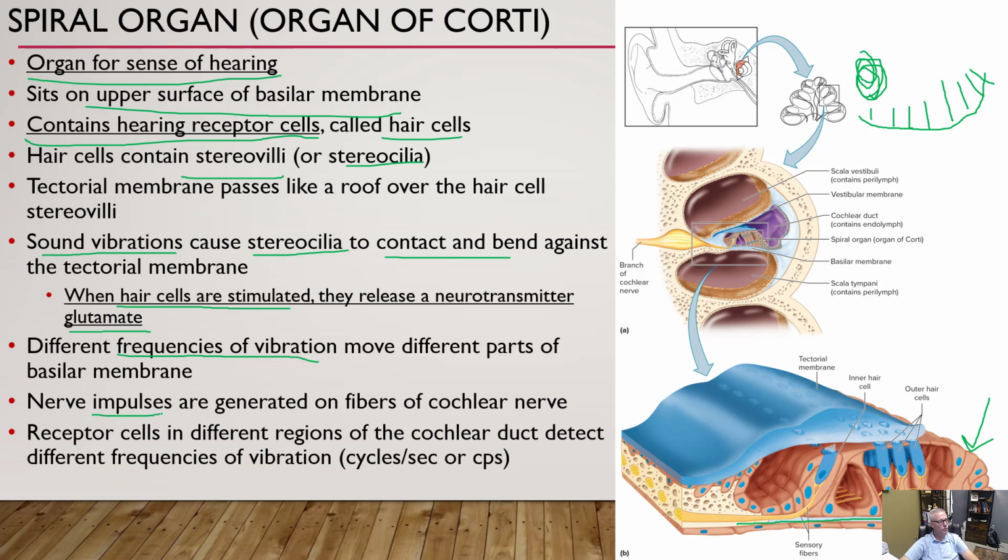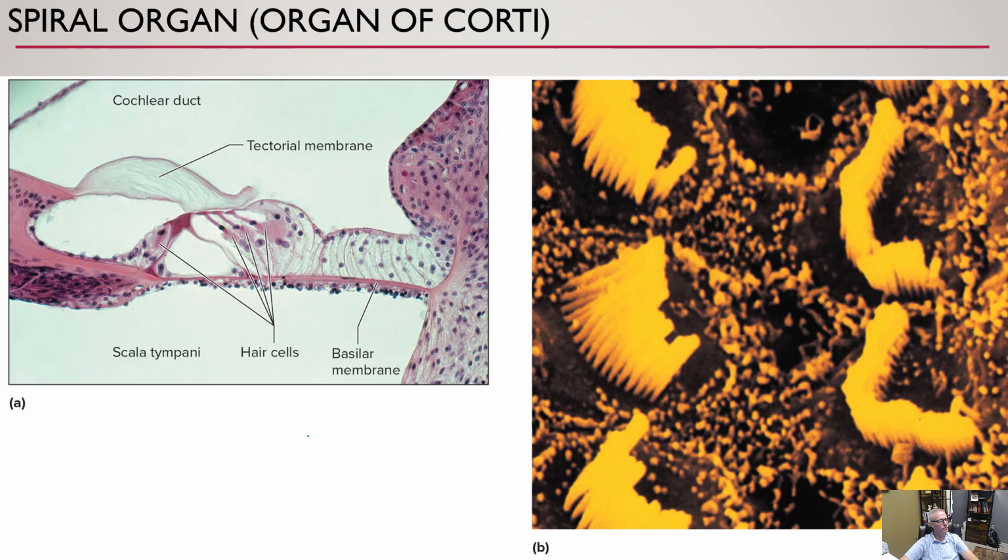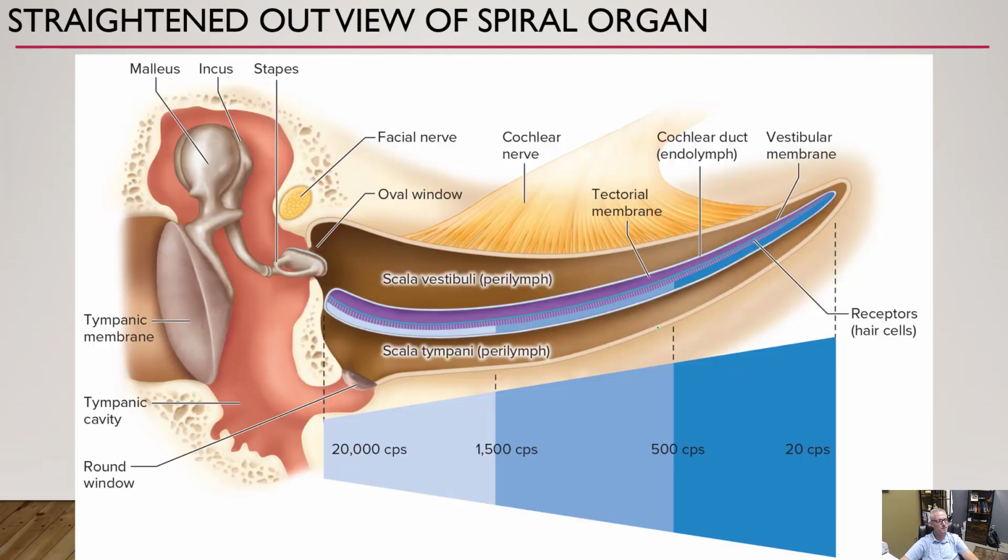And then those nerve impulses are going to go to the cochlear nerve. All right, and this is just a microscopic view of those hair cells on that basilar membrane. So I said that different pitches or frequencies are heard in different areas, and this is just showing that.